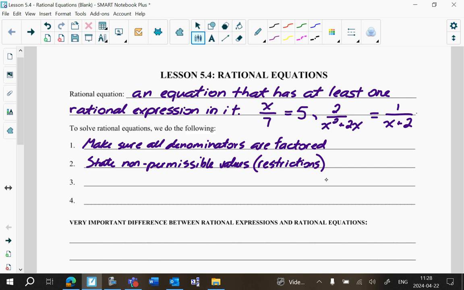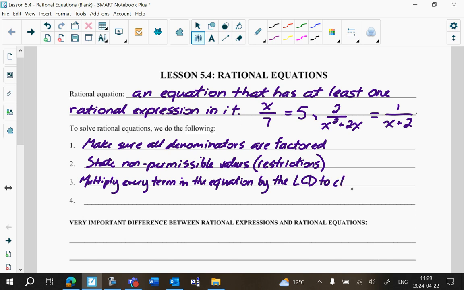Now remember, when we solve equations, we're trying to get x by itself on one side and whatever the value is, the solution is, on the other. So we want to get rid of the fractions. We want to clear the fractions out. So we have to multiply every term in the equation by the LCD, lowest common denominator, to clear the fractions.